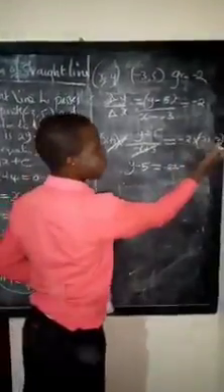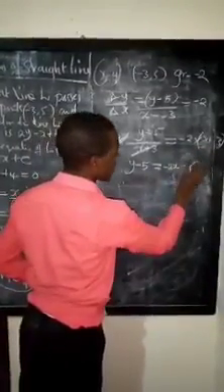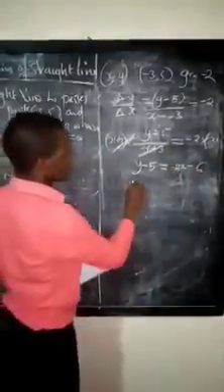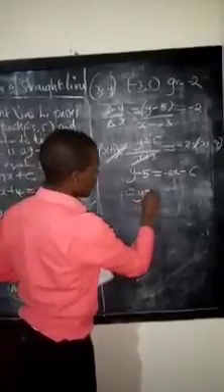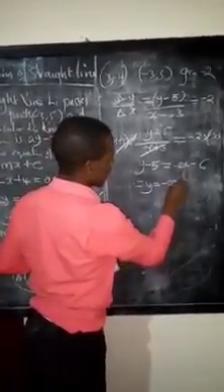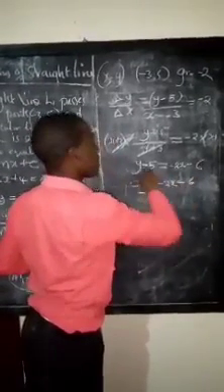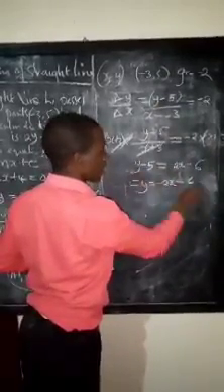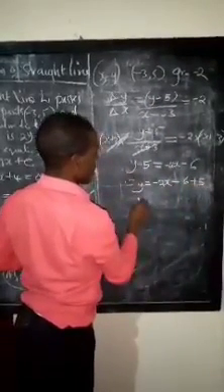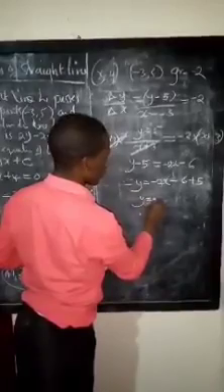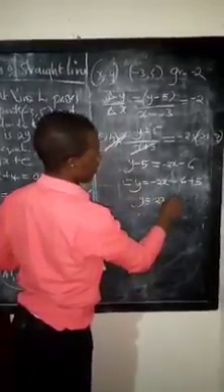So this is negative 2 multiplied by positive 3, which will give us negative 6. And in our case, we shall have y minus 5 equals negative 2x minus 6. We take 5 to the other side, it was already negative, so it is plus 5. And this will give us y equals negative 2x minus 1.